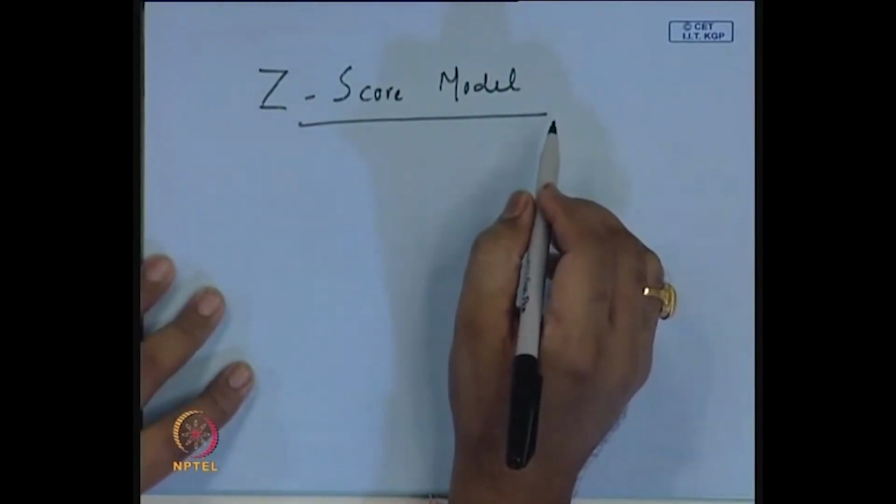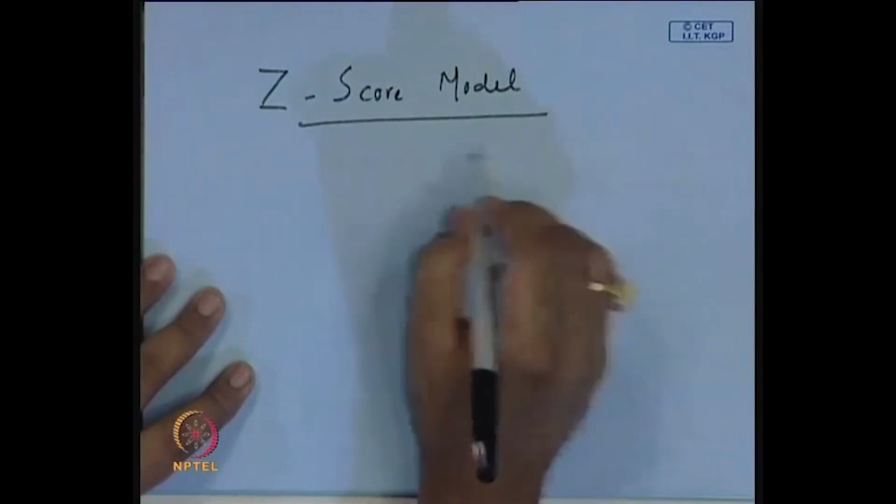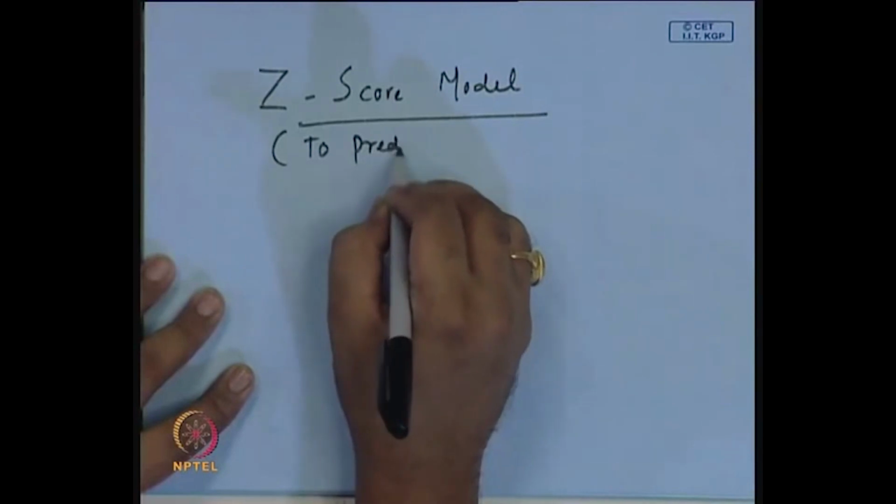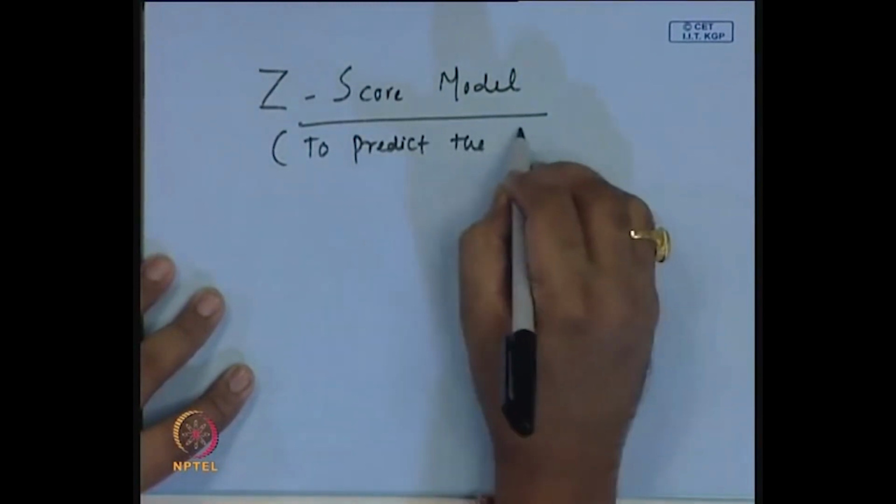This Z score model is basically used to predict bankruptcy.